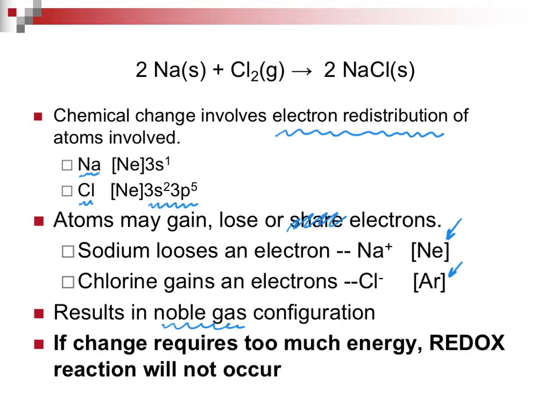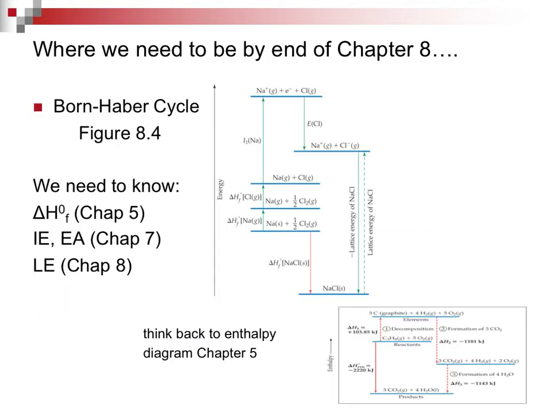If a change requires too much energy, this redox reaction cannot occur, and you're going to gain some predictive power as we move through chapters 8 and 9. Where we need to be by the end of chapter 8, you need to be able to draw this Born-Haber cycle. I know, gasps in the audience, all right? You have learned delta H zero of formation from chapter 5. It sits here, it sits here, it sits here.